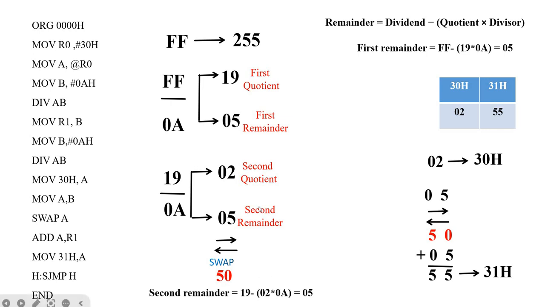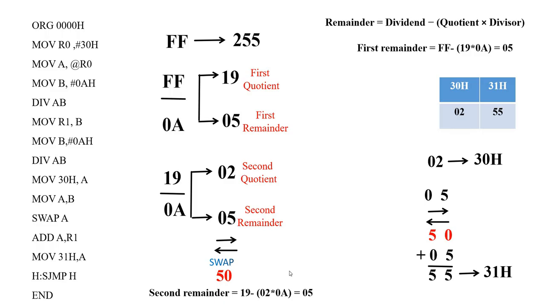So for that we have to take the second remainder and swap it, using the SWAP A instruction. But SWAP A works only with the accumulator, and the second remainder is stored in the B register, which has to be moved to the accumulator first.